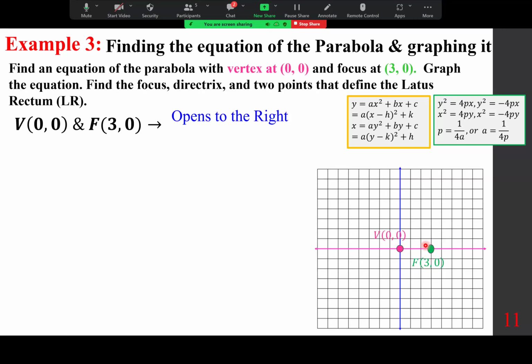This distance is the focal distance, which I'm going to call P. I'm not going to use A. P equals 3.